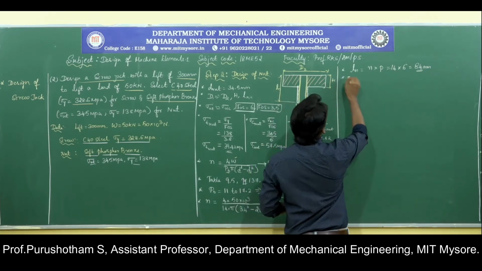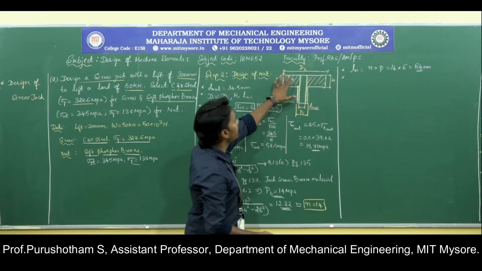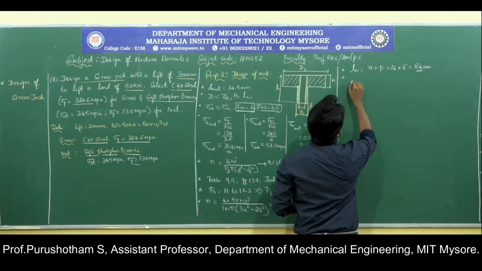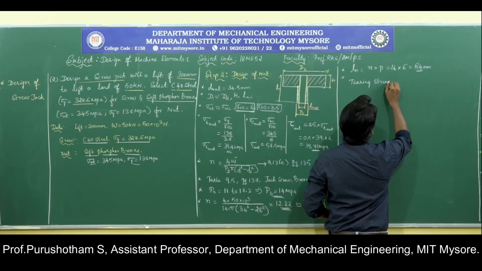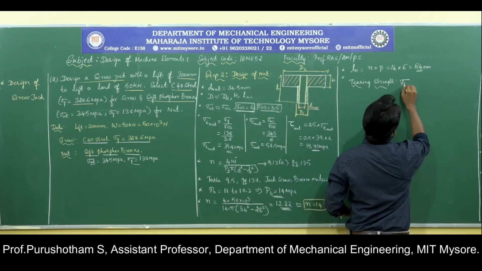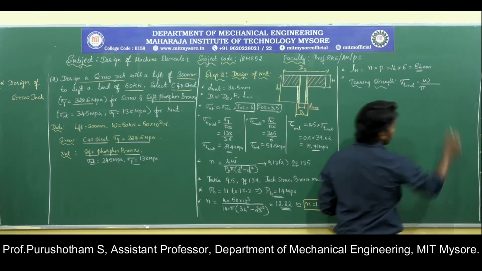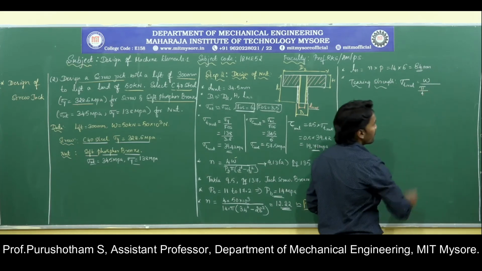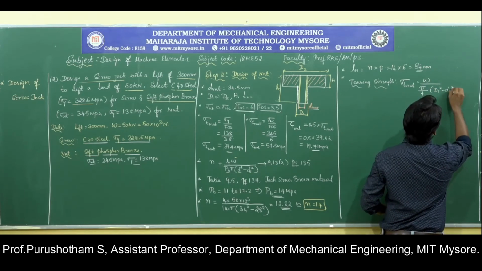Next, the nut is subjected to the tearing effect as well as the crushing effect and shearing effect. So for this, the tearing strength in the nut, sigma T of nut, is equal to load by area. Area is given by pi by 4 times d1 square minus d of nut square.